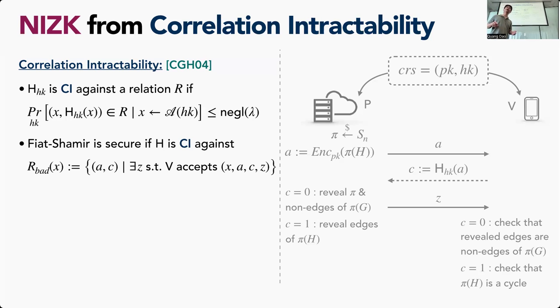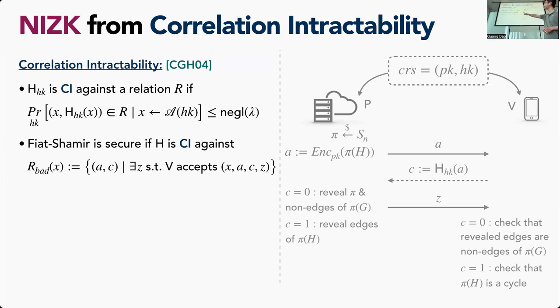The relation is satisfied if from this first message and the challenge, you can somehow find a response Z such that V accepts on this whole transcript. Z is the third round response.